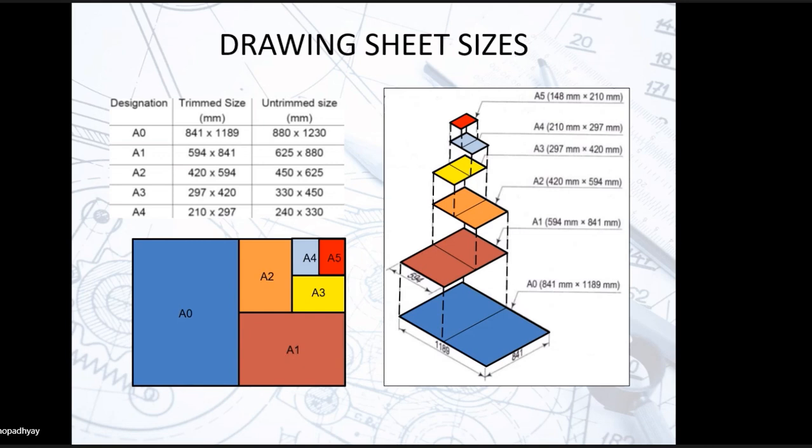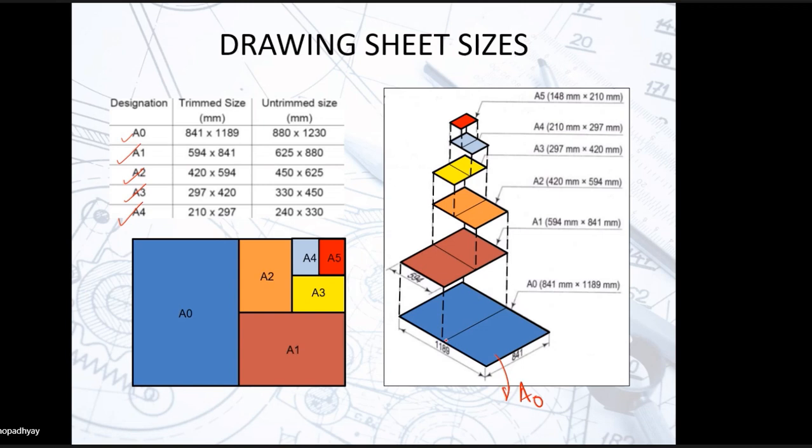The largest size drawing sheet that is used is the A0 size. Next is your A1 size, A2 size, A3 and A4 size. Now, how do we get all these sizes? Let us just check this out. So this is your A0 size drawing sheet. This is A0, 841 by 1189.